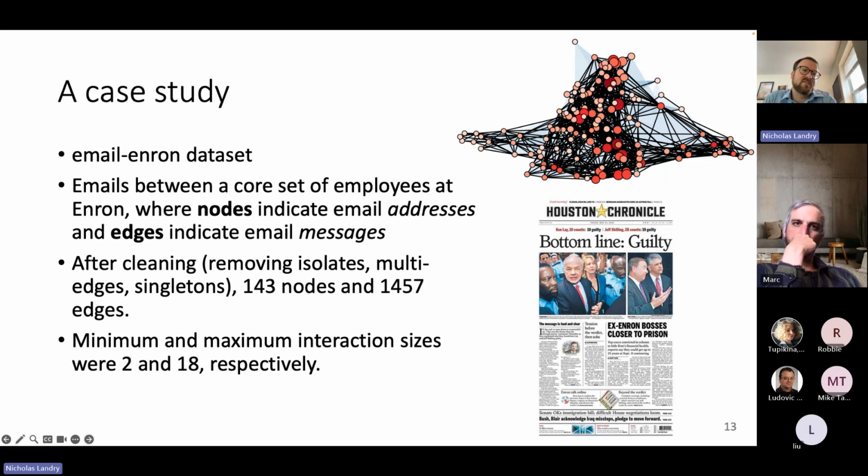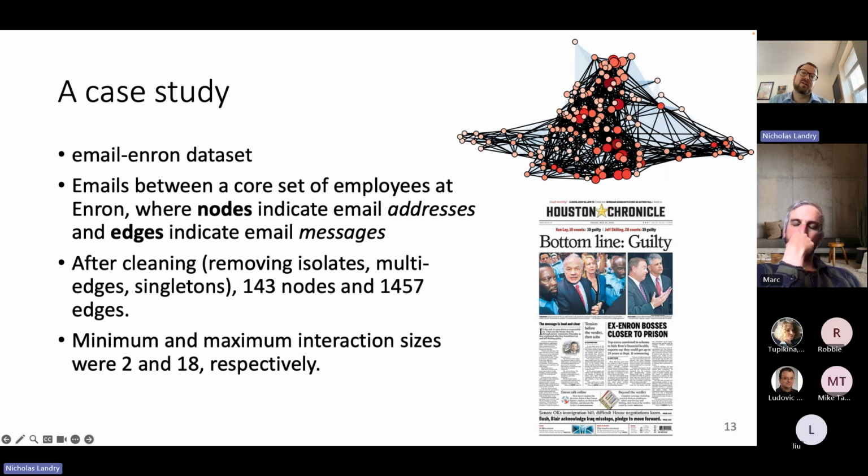And people turned this into a data set where email addresses are nodes and email messages between these email addresses are hyper edges. And so for simplicity, we cleaned this data set. That means removing isolated nodes, removing multi-edges and singletons.